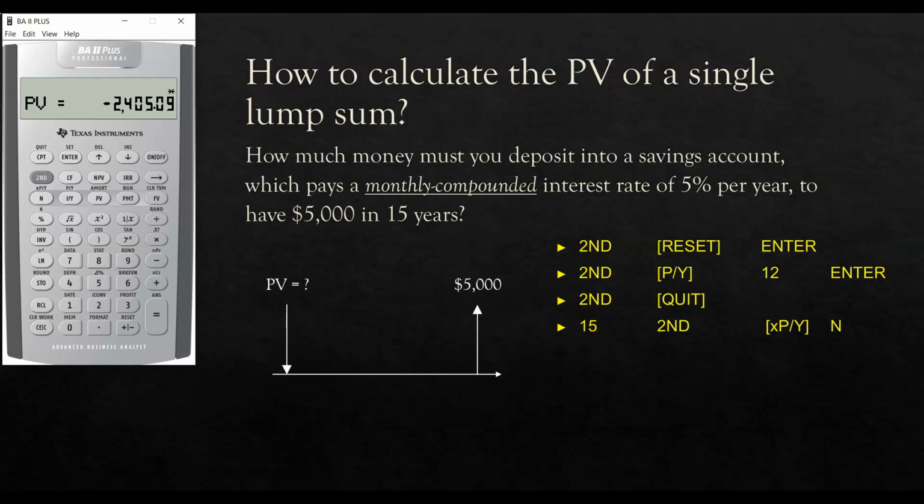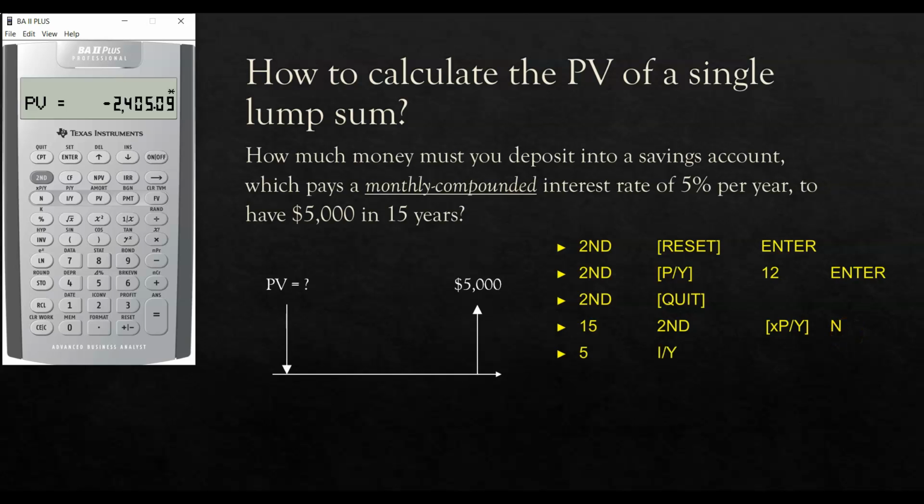To do that, you do 15, second, and then what I call the times P/Y. Whatever frequency you set for the P/Y, in this case 12, you multiply that by the 15. So in this case, we're looking at 180 months. You put that into the calculator as N, so the investment timeline is 180 months.